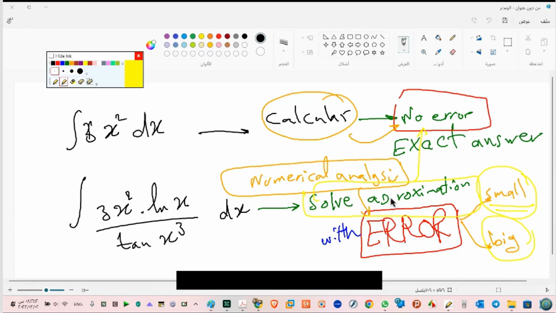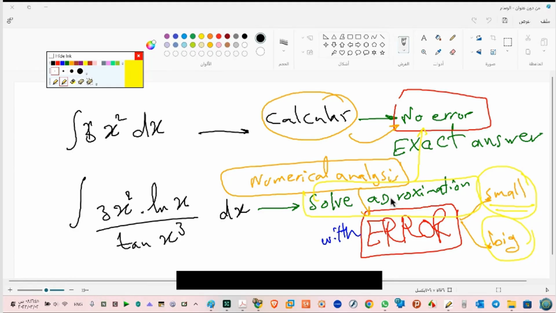We go to approximation, near to, not exactly correct, I know. But we have many methods to solve with error. I want to make this error as small as possible, so the answer will be like the answer I would get from calculus.